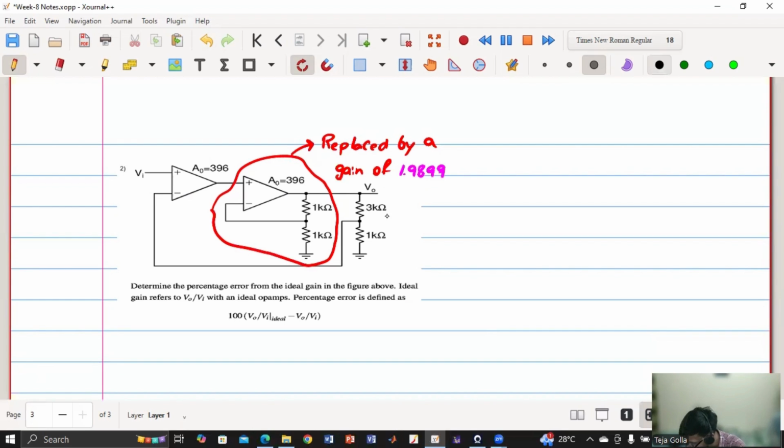So now I'll redraw the circuit and I'll draw something like this. So this is my plus minus and this is V naught. Here there is a gain, forward gain, and here we have a resistive divider circuit.